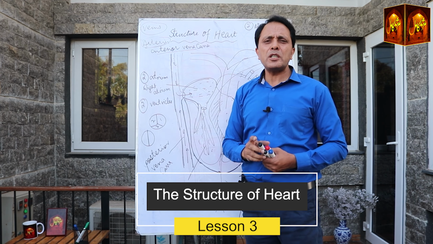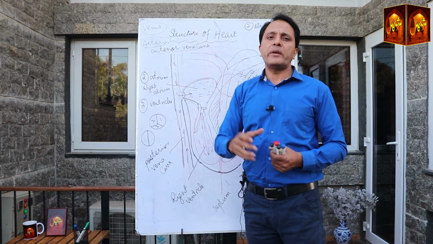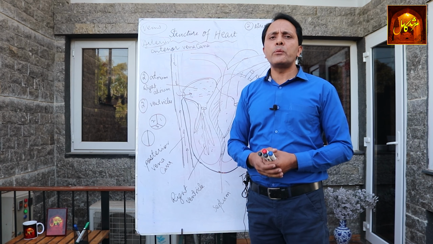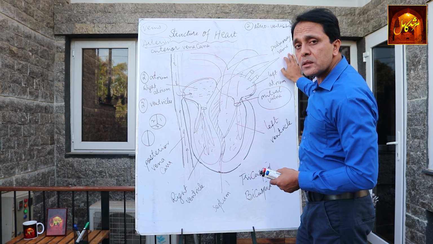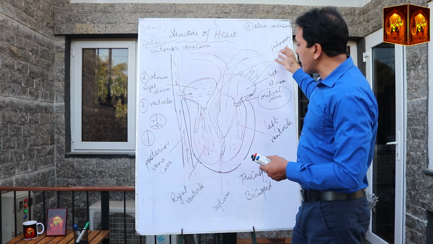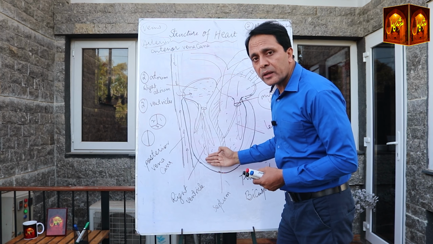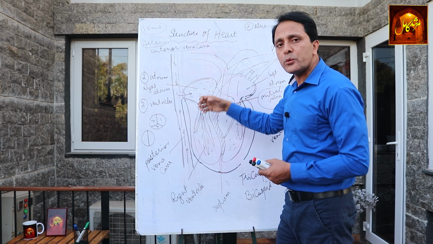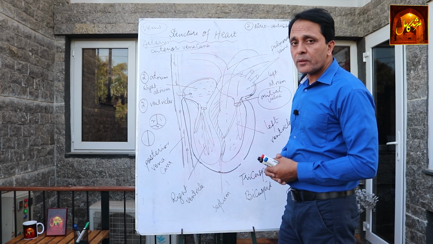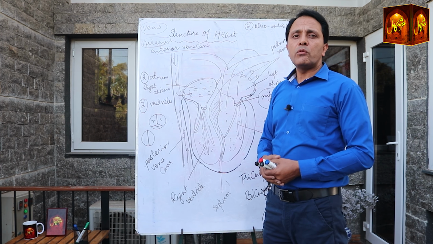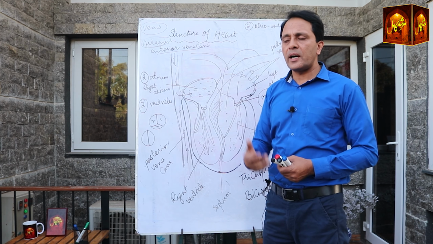Particularly, one thing you must be very clear about is this terminology when you use the word pulmonary. Pulmonary is associated with your lungs. So pulmonary veins means veins which are bringing blood from the lungs. And now from the right ventricle, the blood will be pumped into the lungs, but this time with the help of an artery. But before that artery, we will use the term pulmonary again, because blood is moving towards the lungs.